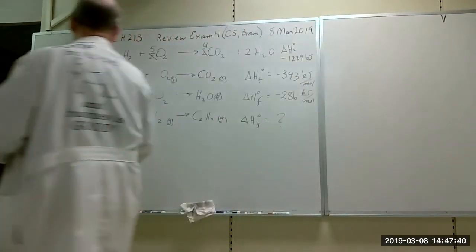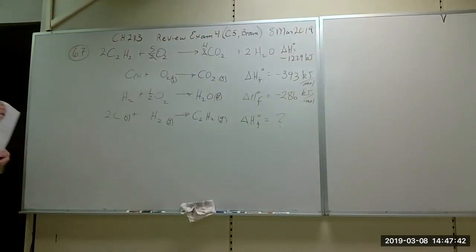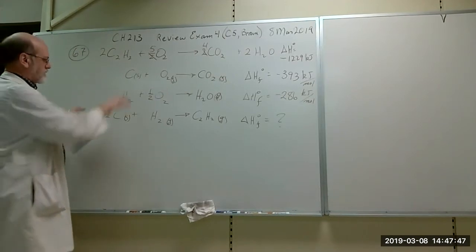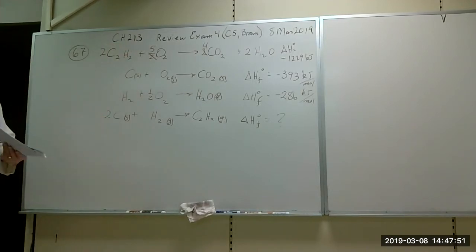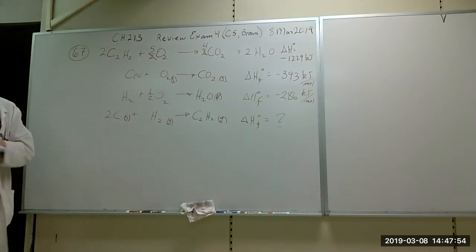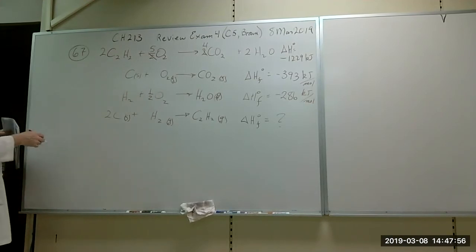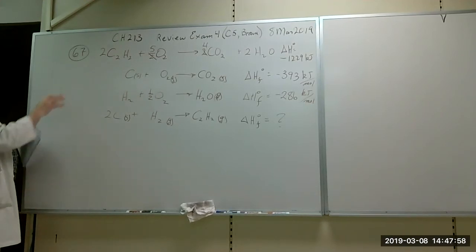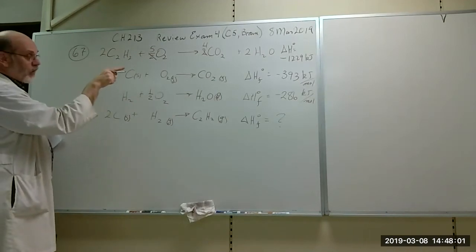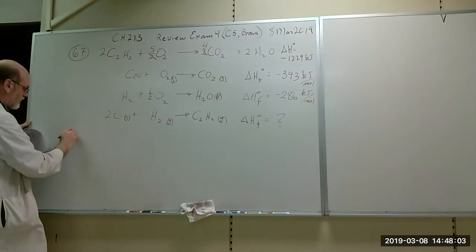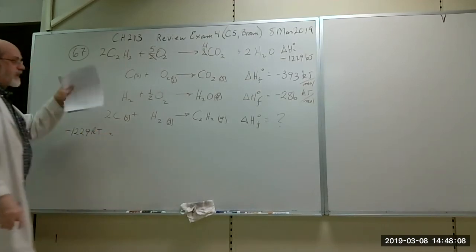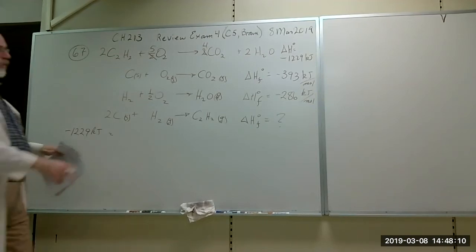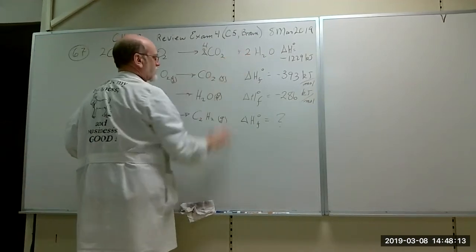So if we want to match up these to that one, you can use Hess's law, but let's see if we can use that formula. So the heat of that reaction is minus 1229 kilojoules for that reaction. Now, what is the standard heats for the products?